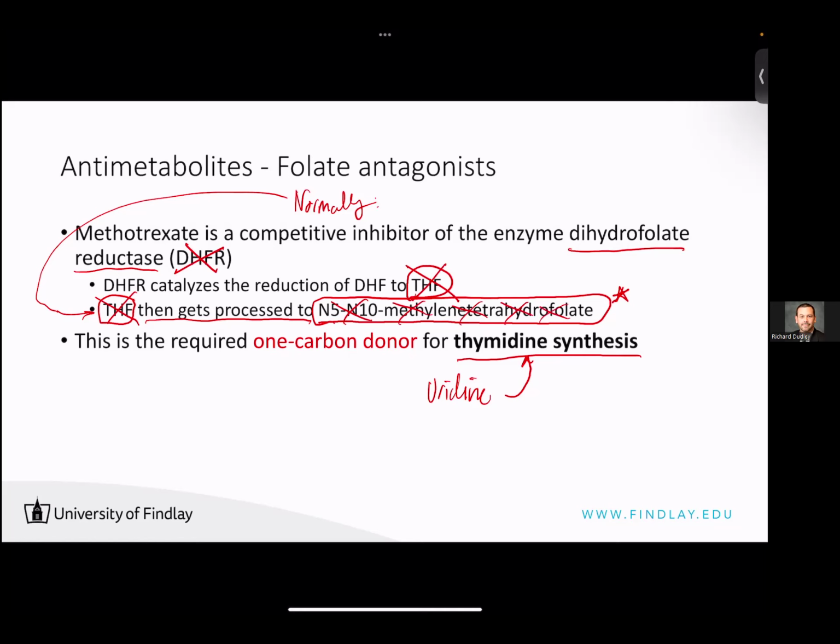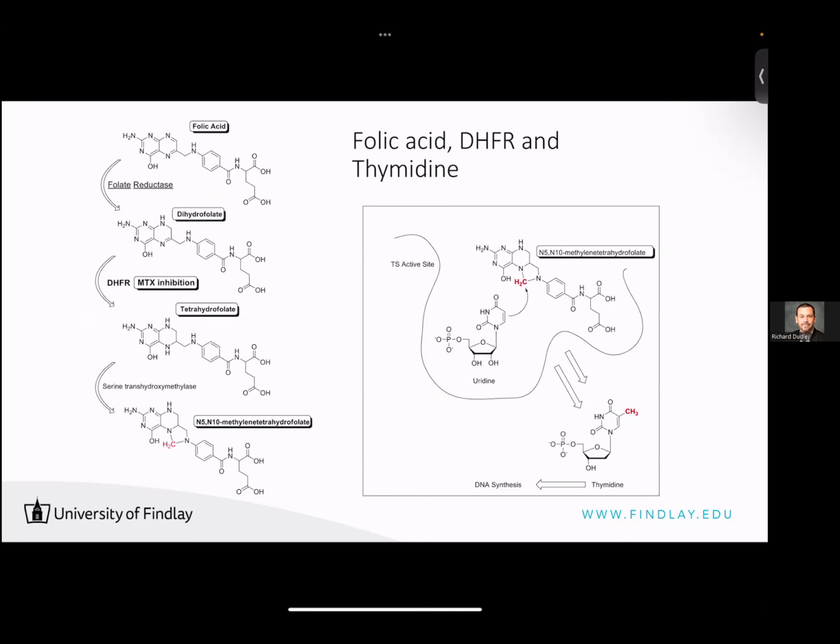And if we don't make it, we block this step in DNA precursor synthesis, and we induce thymidine starvation in our cancer cells. That will suppress DNA synthesis. All right, that was a lot to talk about.